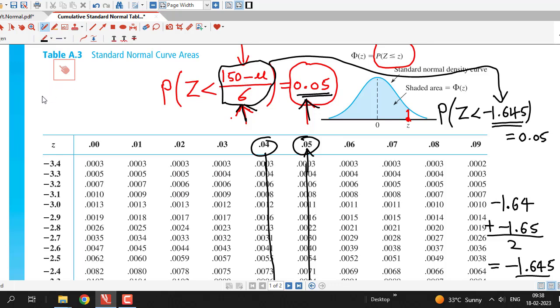Therefore this value 150 minus mu over sigma is equal to minus 1.645. So that we write here.